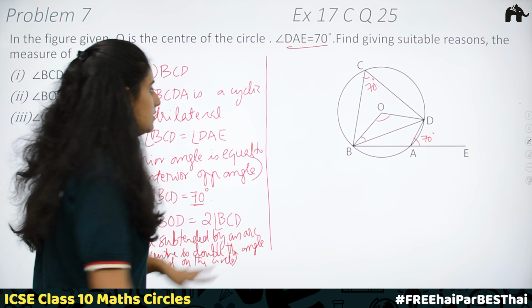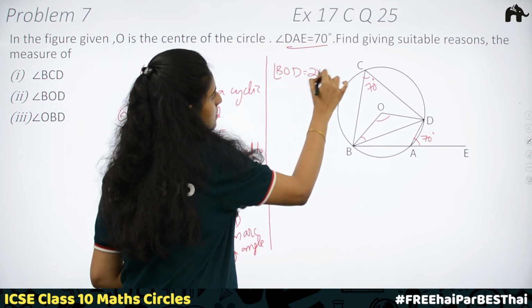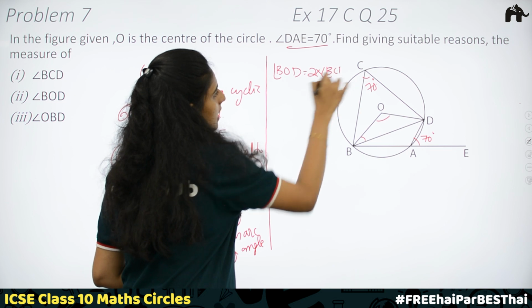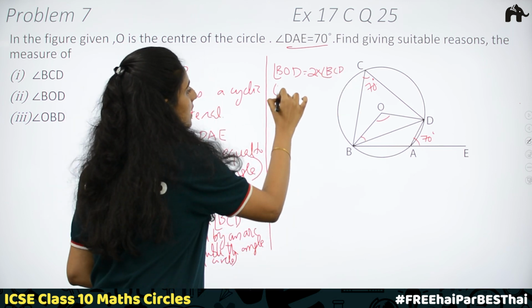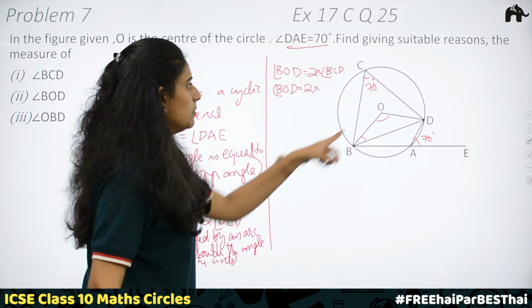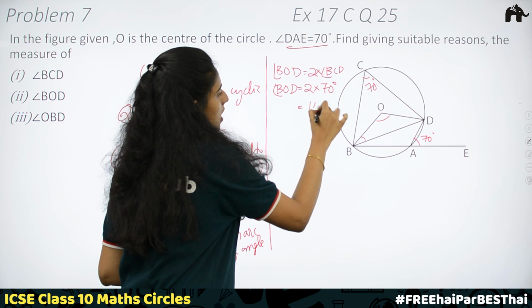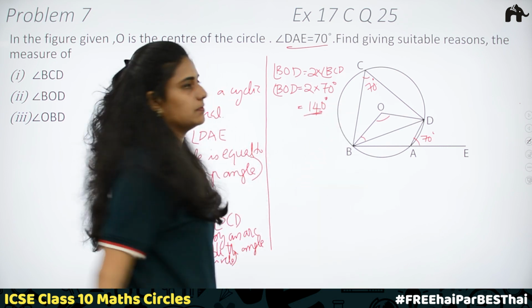Okay. Therefore, we have angle BOD equal to 2 times angle BCD. Put the value. Angle BOD is equal to 2 into BCD. BCD is 70 degrees. 2 into 70 degrees and that is equal to 140 degrees.